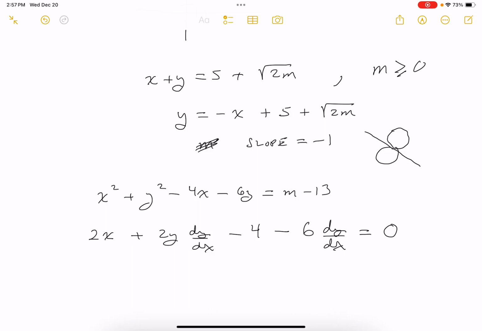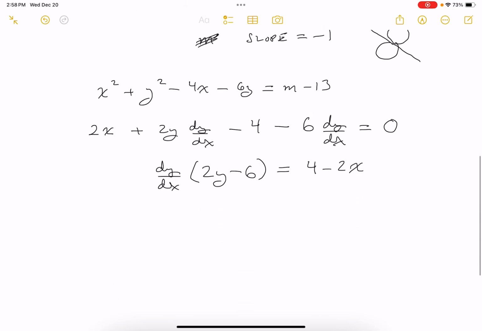All right, let's keep going. And what do you get? You get dy/dx. That's going to be 2y minus 6, and that's going to be equal to 4 minus 2x. Guys, keep moving.